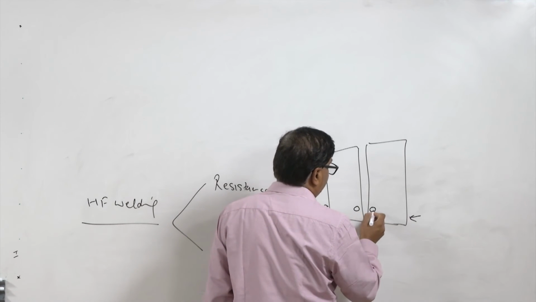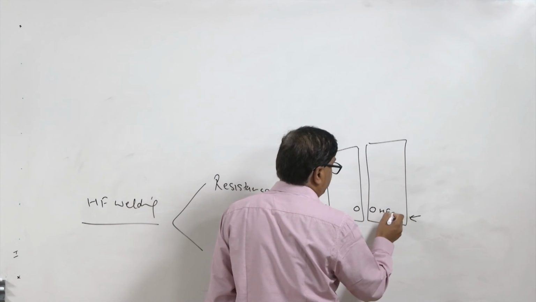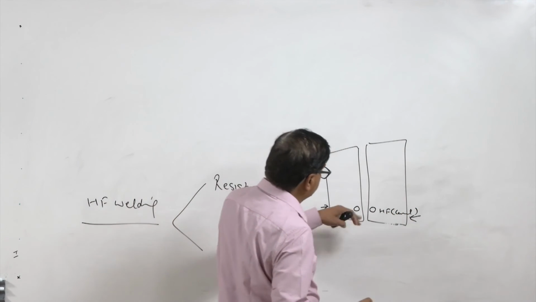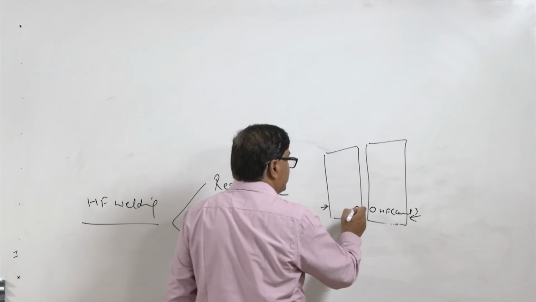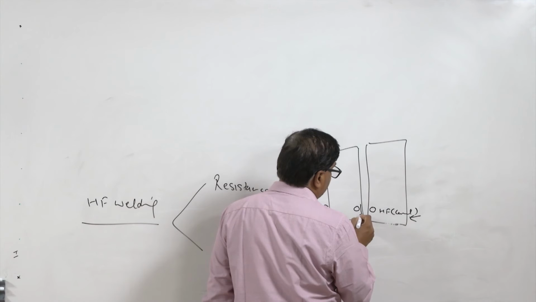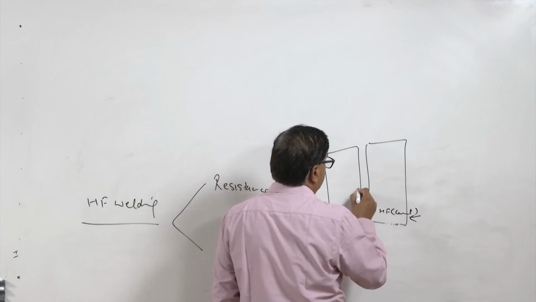So, this high frequency current is basically allowed to pass through the surface. Here this high frequency current basically localizes near the surface wherever we want.